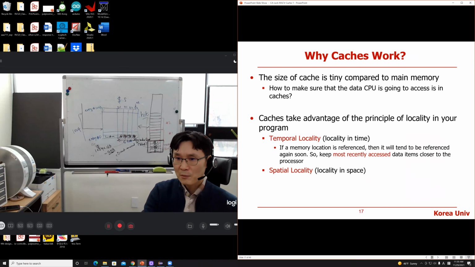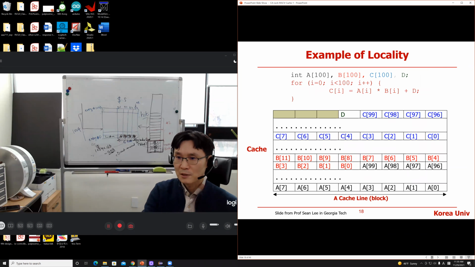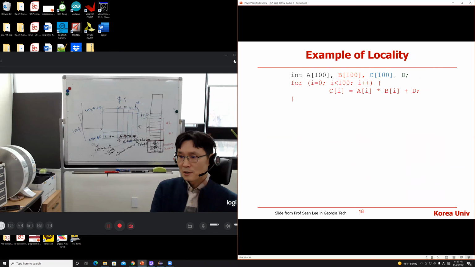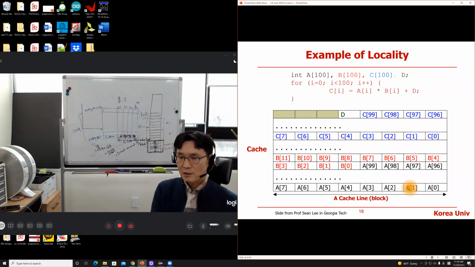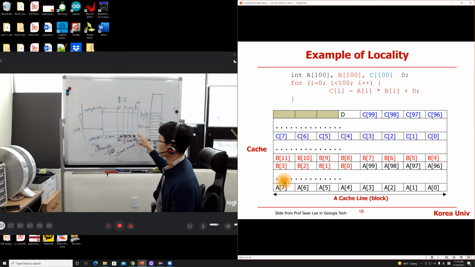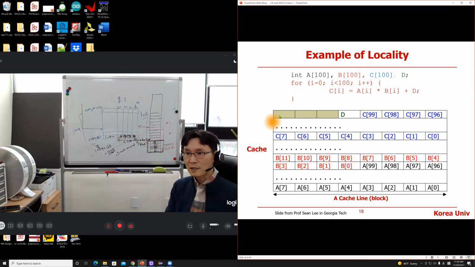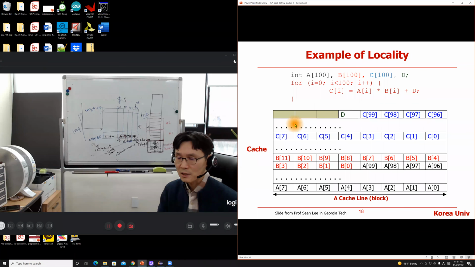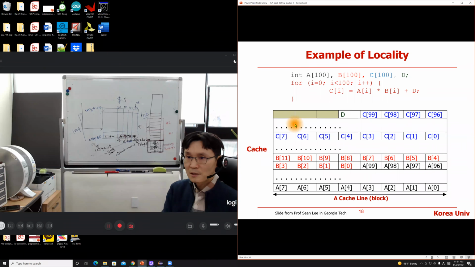Okay, why does the cache work? Temporal locality, spatial locality. Think about this. This is also a cache structure, without tag information, only the data part. At the beginning, when you turn on the computer, the cache is not holding anything. So think about that. You are accessing A0, B0, D, and C0 in the first iteration.